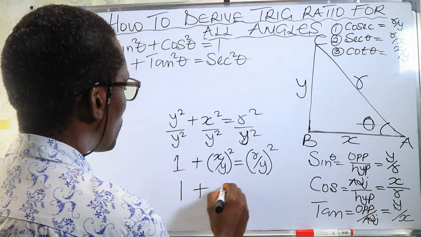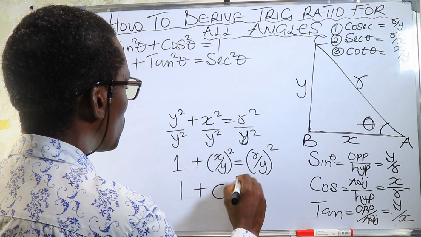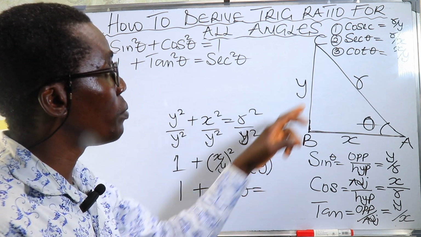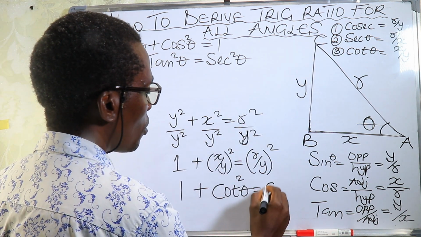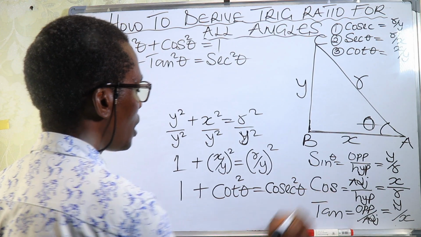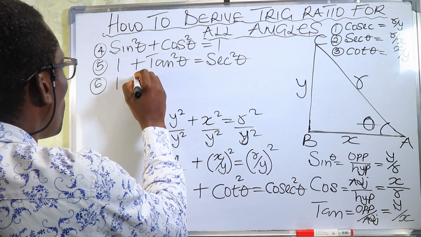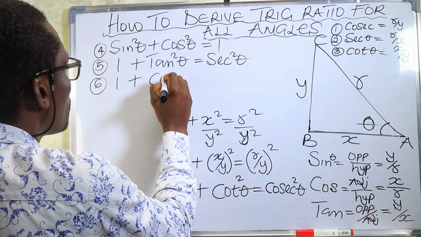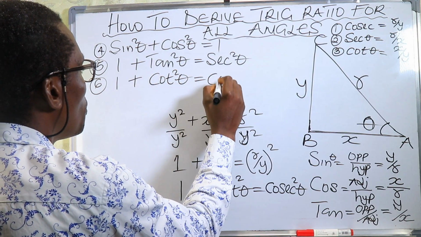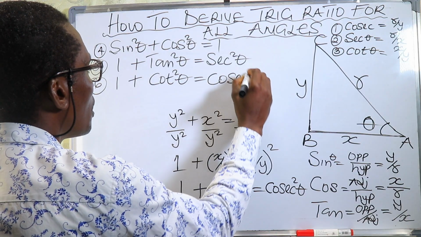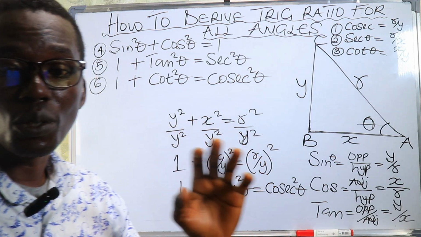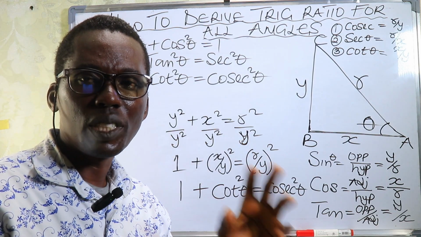So we will get 1 plus cot square theta go dey equal to r divided by y na cosec square theta. So 1 plus cot square theta go dey equal to cosec square theta. This na another trigonometry ratio wey we don derive.